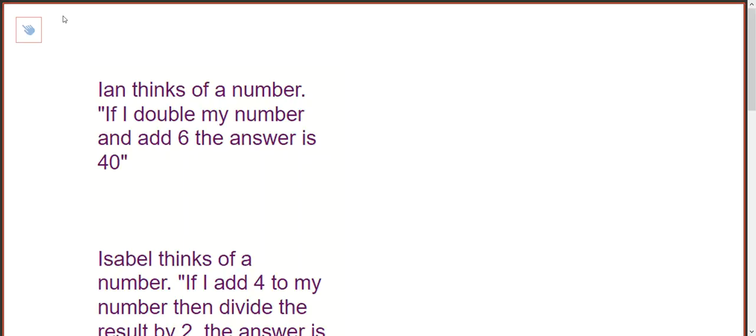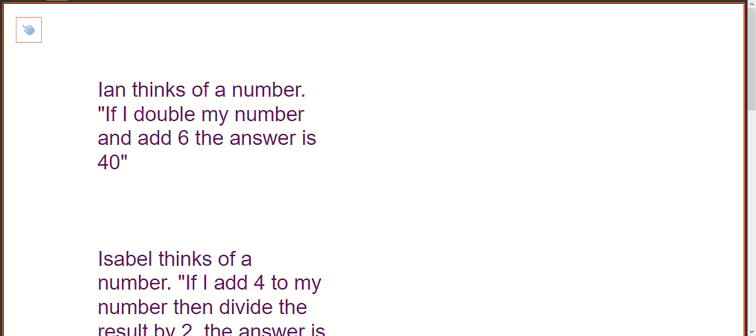Alright, tell me what you've done. So in brackets, 40 minus 6, and then divide it by 2. How do you do the divide by 2? You can either do a line or just next to it equals X. Okay. So you have kind of done the reverse, right? That's fine. But what I actually want is the equation in terms of X to start with.